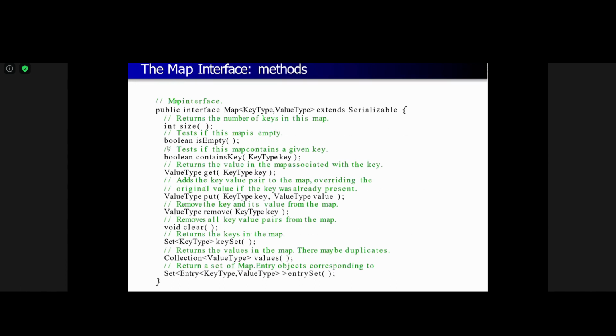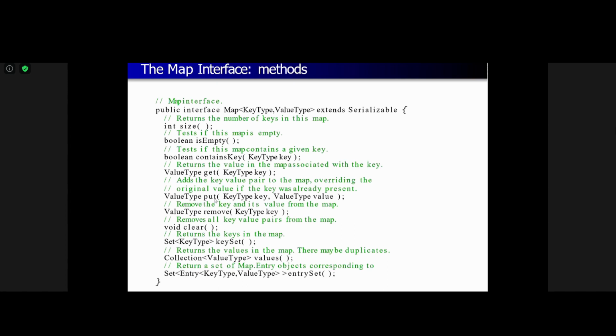Okay, so here's the map interface. You see it has a key type and a value type. So it's generic 2 ways. It has a size and is empty. That's really easy. It has contains key. So you just throw in a key type, and you can get, this is the get, this is the lookup. You specify a key and you get back a value.